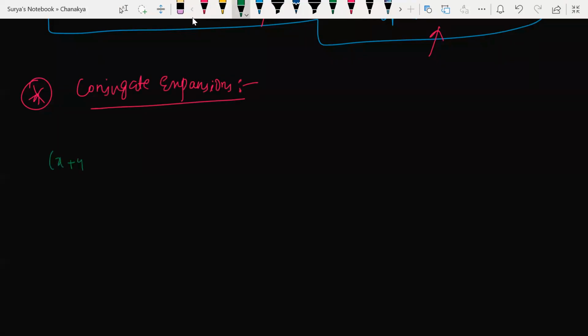If I have (x plus y) whole to the power of n plus (x minus y) whole to the power of n, which is equal to 2 times nC0 x to the power of n plus nC2 x to the power of n minus 2 into y square plus nC4 x to the power of n minus 4 into y to the power of 4 and so on.